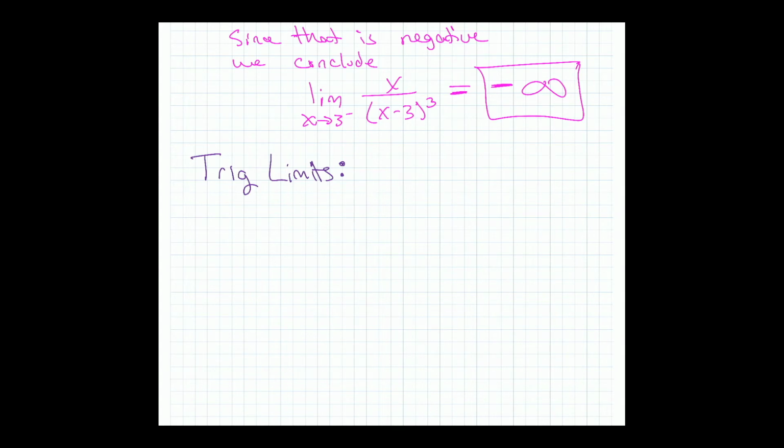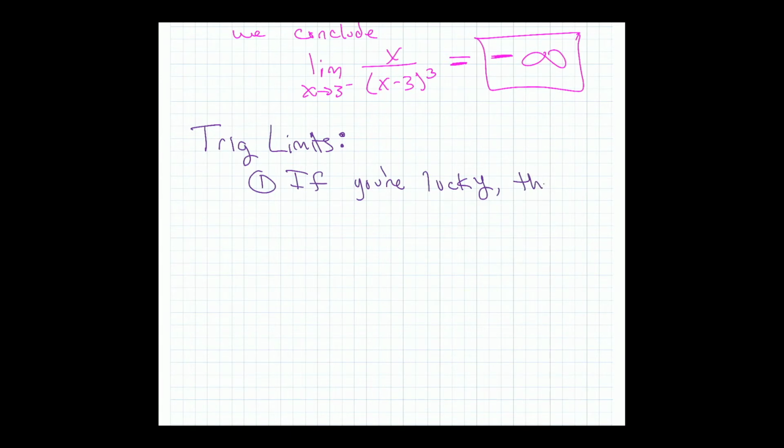So trig limits. The first kind of trig limit that you might do is just going to be one where the function is continuous. So if you're lucky, the limit will be somewhere where the function is continuous.